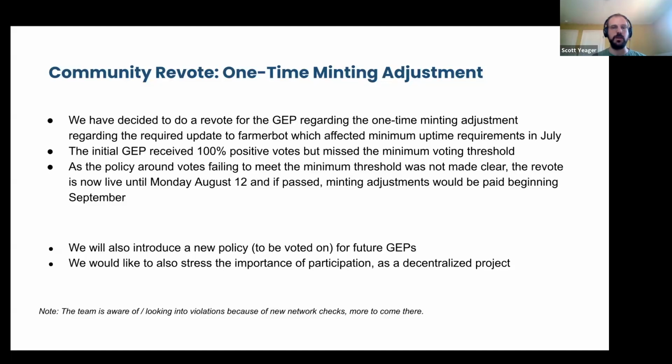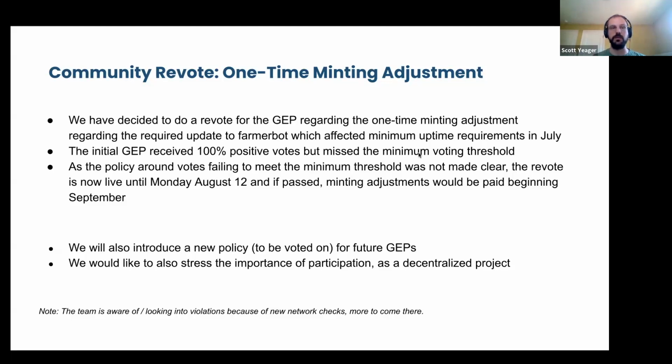And because we didn't coordinate this well with the community, we presented a gap that basically gives a window for the farmers to update where they won't be penalized if their FarmerBot stopped functioning because they didn't update, because they didn't know. And when we ran the first GEP, it didn't meet the threshold.